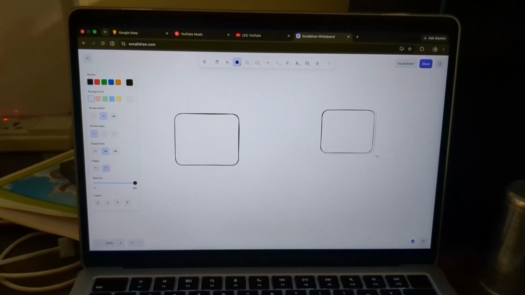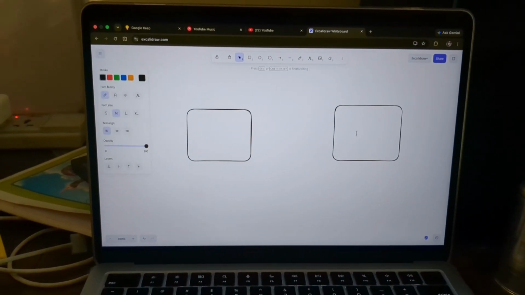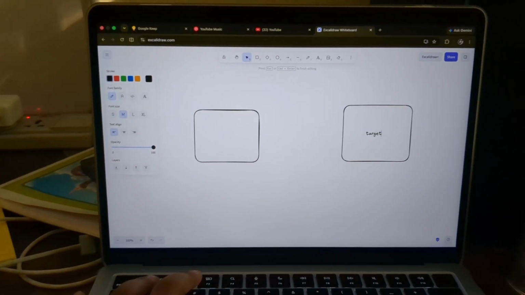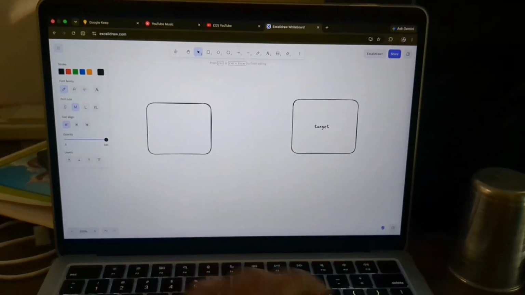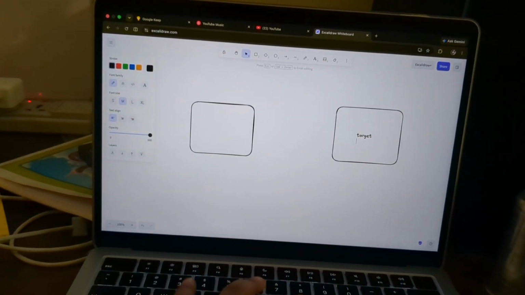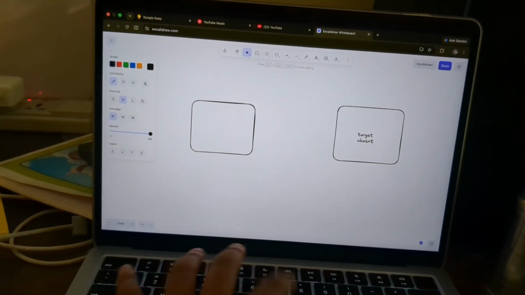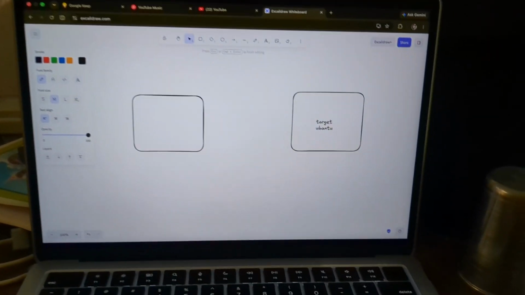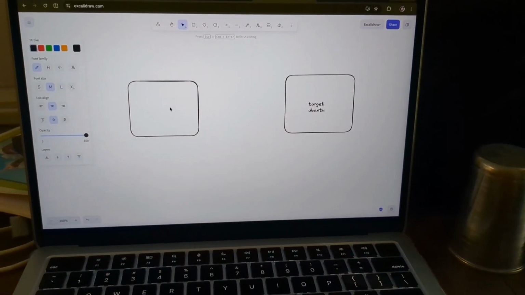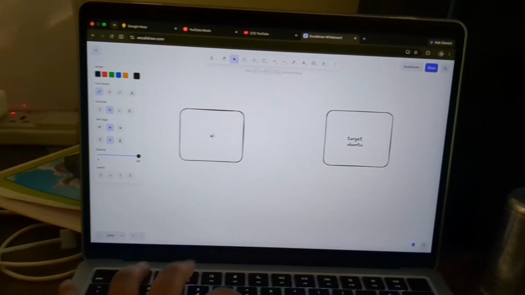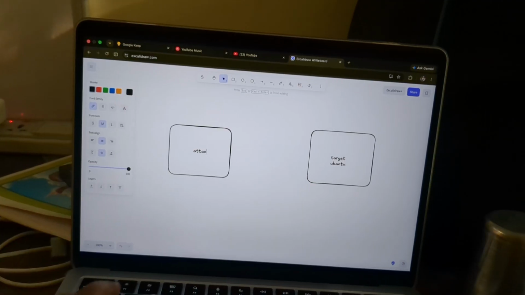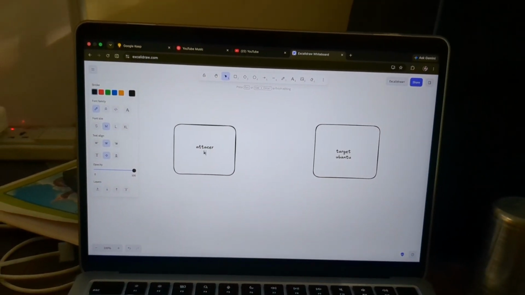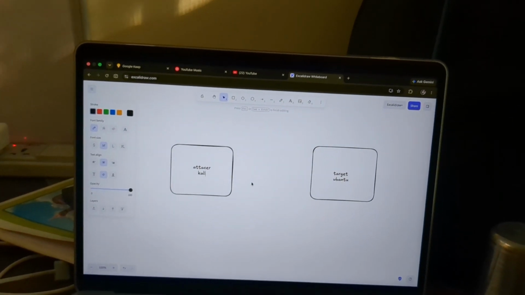Yes, so this is the target, using Ubuntu, and there is our attacker, which has Kali Linux.